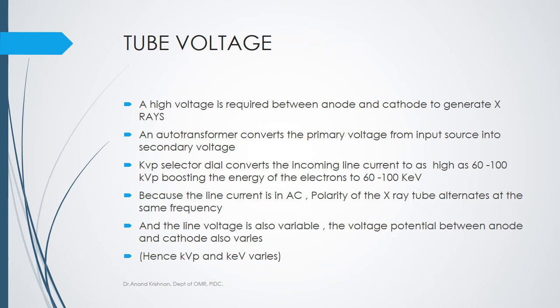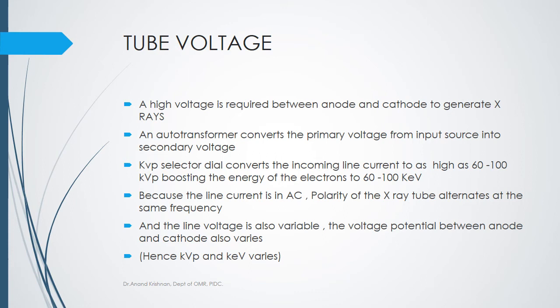And tube voltage. High voltage is required between anode and cathode to generate X-rays, because the electron has to travel all the way from cathode and it has to strike. It is not like it is going to go and just touch and run away, like playing ice boy or something. It has to strike the anode. So that kind of drive has to be given. For that, high voltage is required. And the auto transformer converts the primary voltage from the input source to secondary voltage.